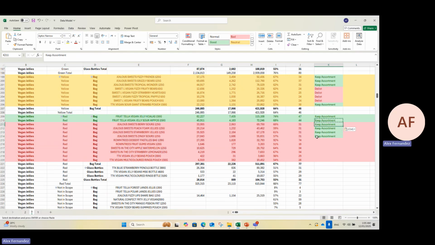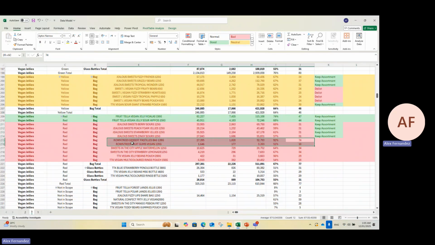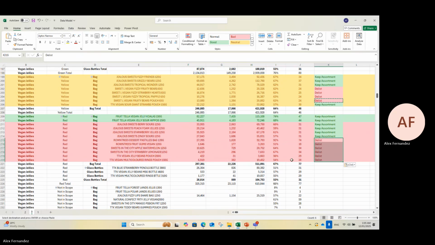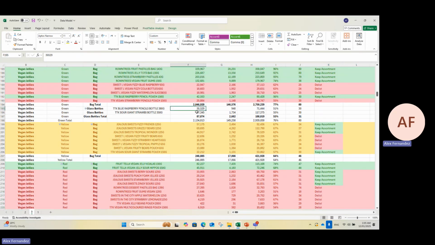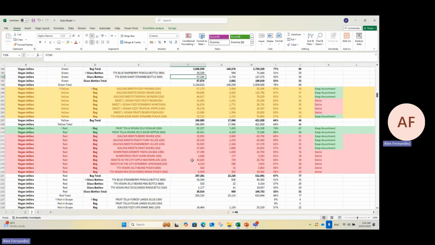They have very low numeric distribution. This has high numeric distribution and it's not doing well. So it needs to be less than that. Glass bottles, 30K. It's to be less than that.